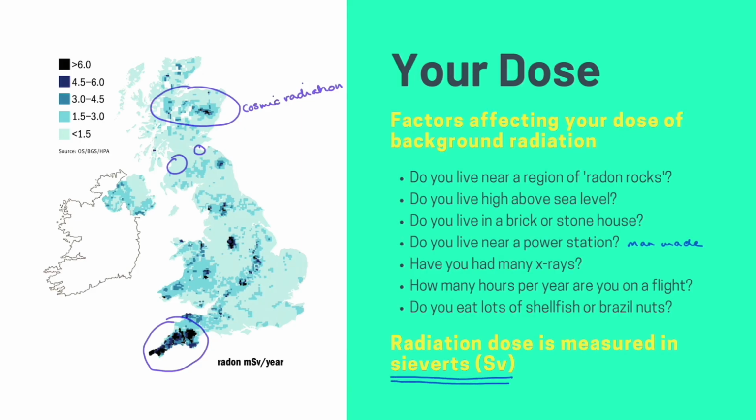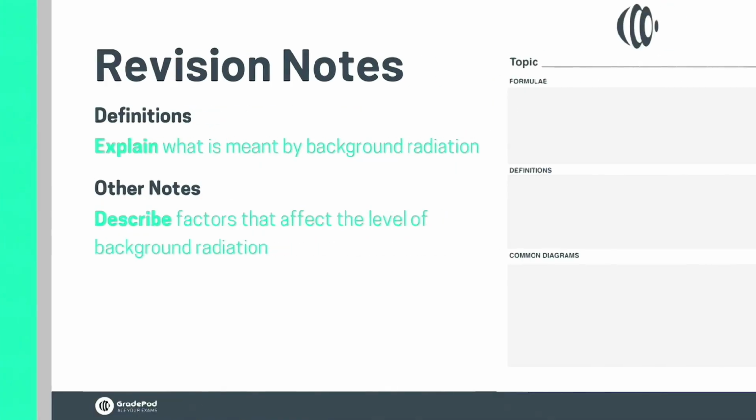That is what we measure background radiation, or your radiation dose, in. And it's usually millisieverts. It's usually so small that it would be a 1,000th of a sievert that you would be measured in. You're in no danger. If you were in danger, you would know about it. So, in fact, whilst we have background radiation around us all the time, it's not of a level that you would need to worry about, unless you did live near somewhere like Chernobyl.